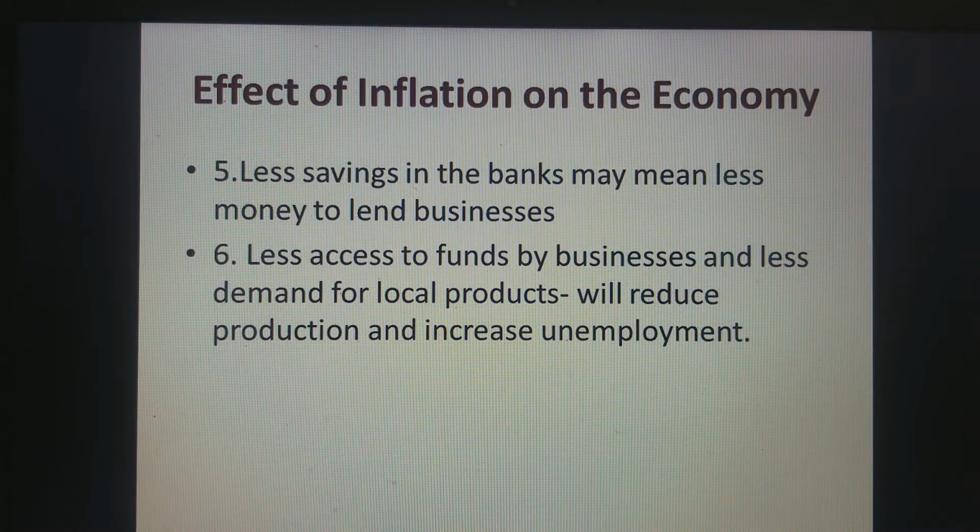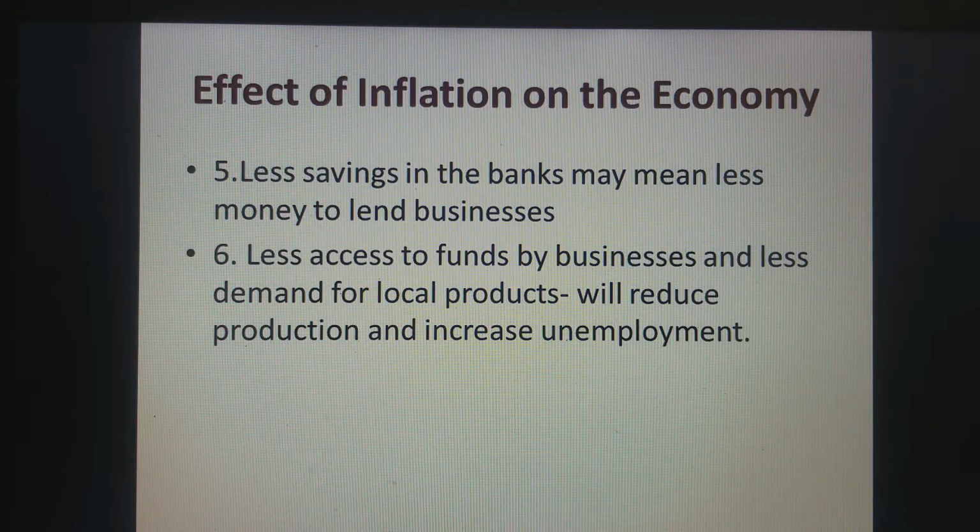What is that saying? It is saying that because there's not enough money for businesses to expand their production, once they are expanding production, they are going to employ more people to do work, right? And if the local goods that are being produced are not being bought by the consumer, it means that profits are not going to be made.